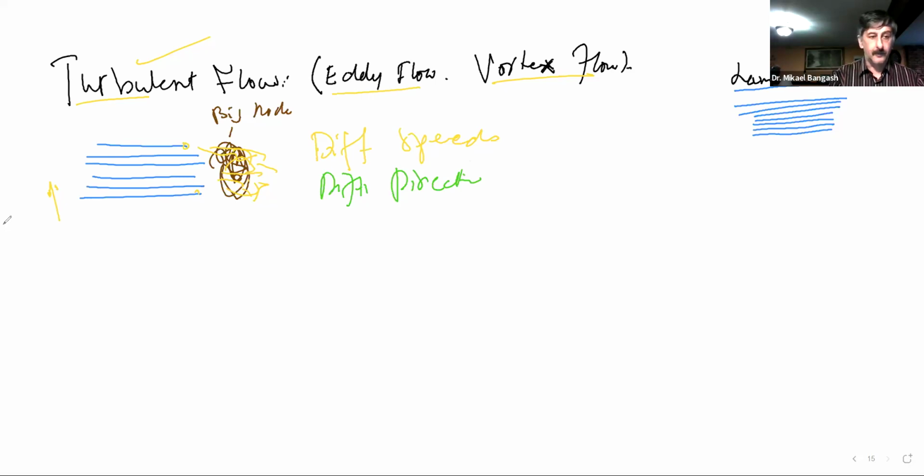What previously was flowing laminar here may end up here, or what was flowing laminar here may end up down here, for instance.